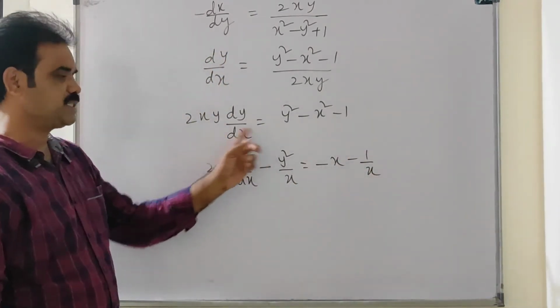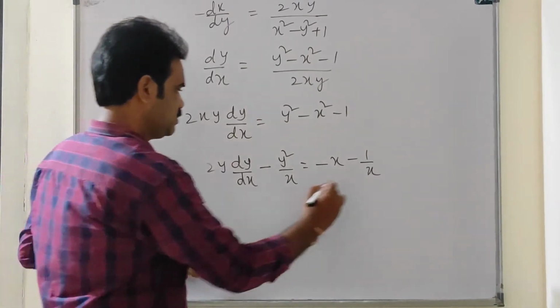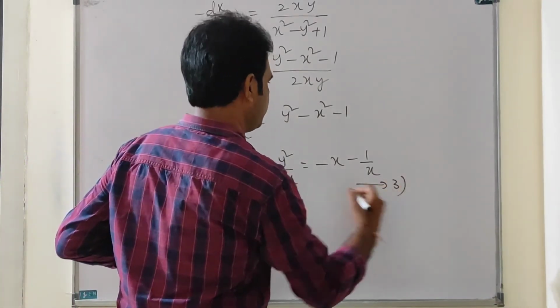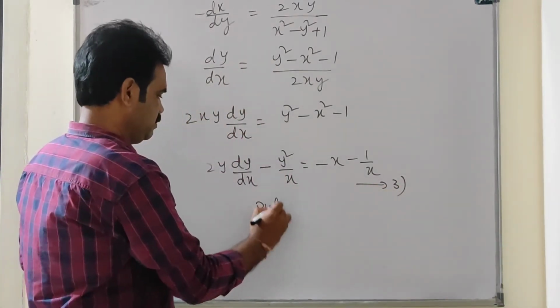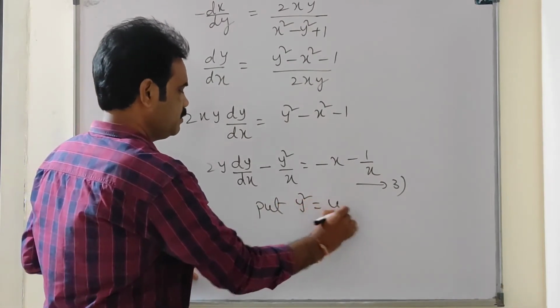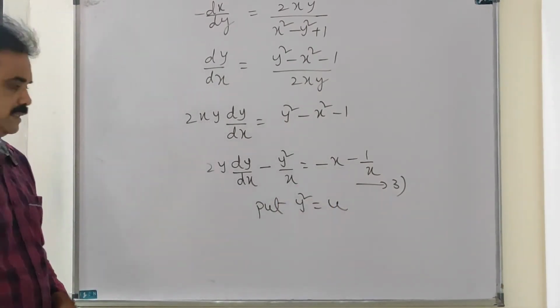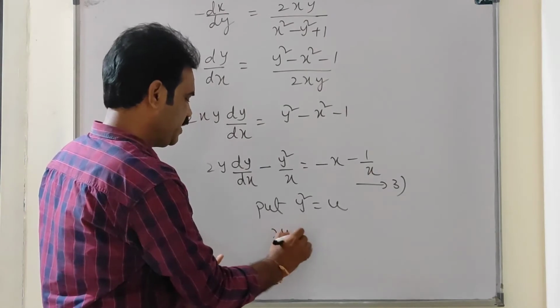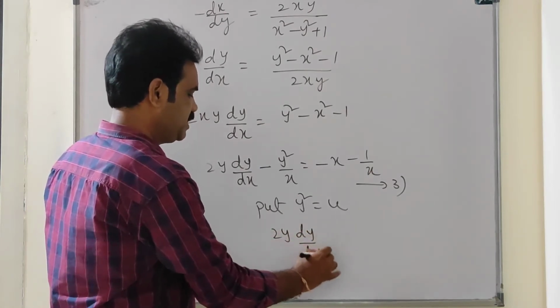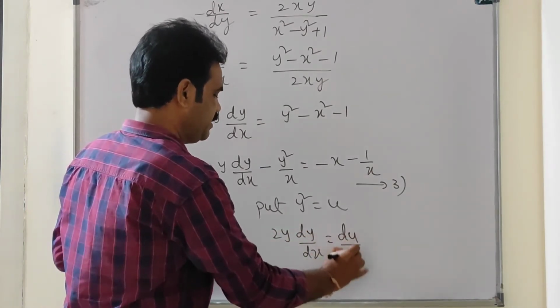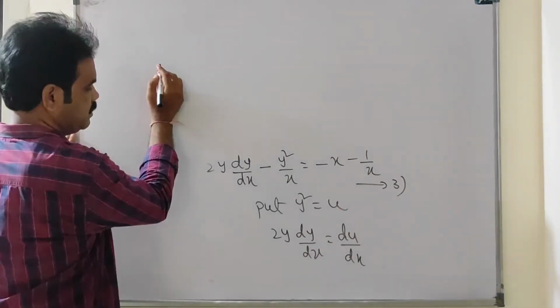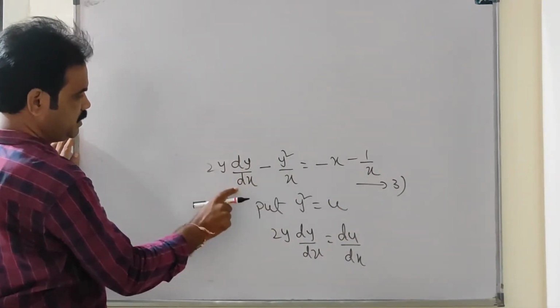Let it be equation 3. Put y square equal to u. Then 2y dy by dx is equal to du by dx. Now substitute these values in equation 3.